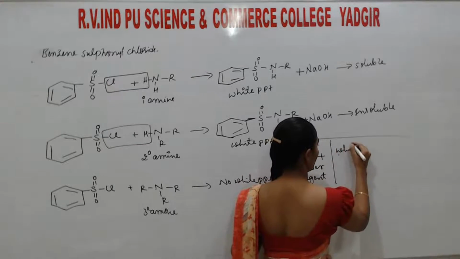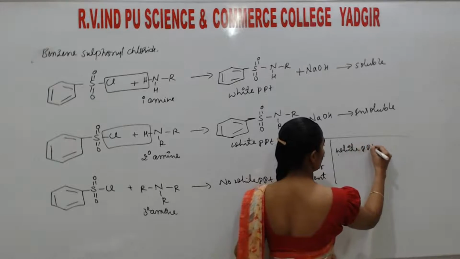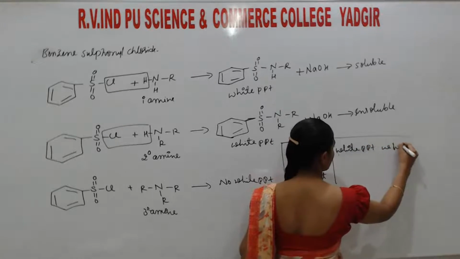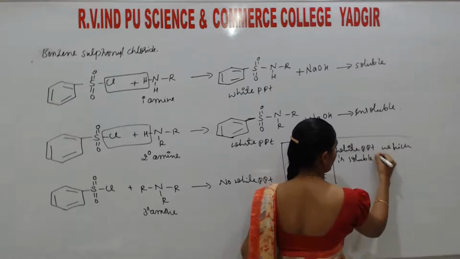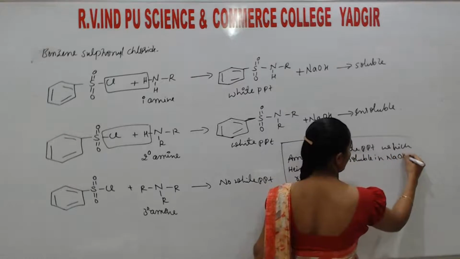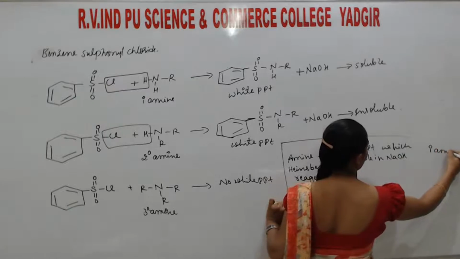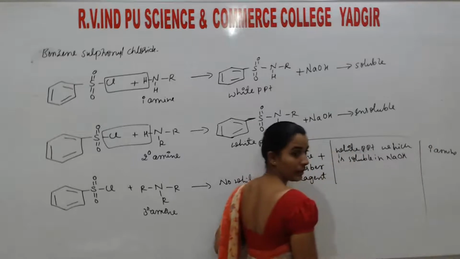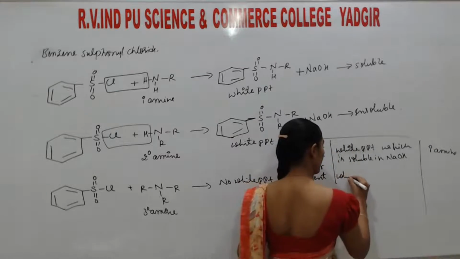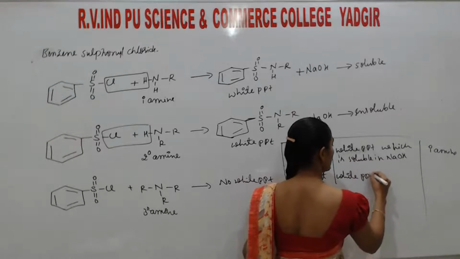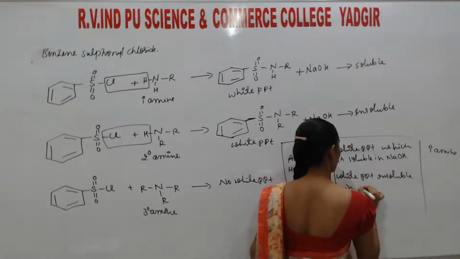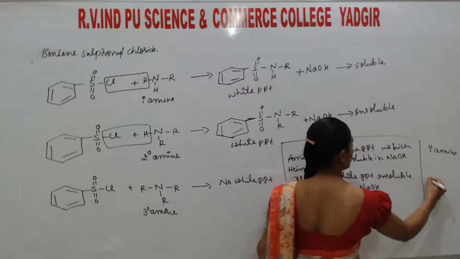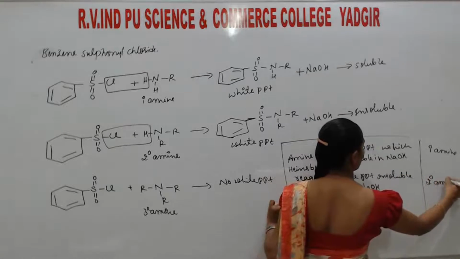So if it gives white PPT which is soluble in NaOH, then it is primary. Next, white PPT insoluble in NaOH, secondary amine.